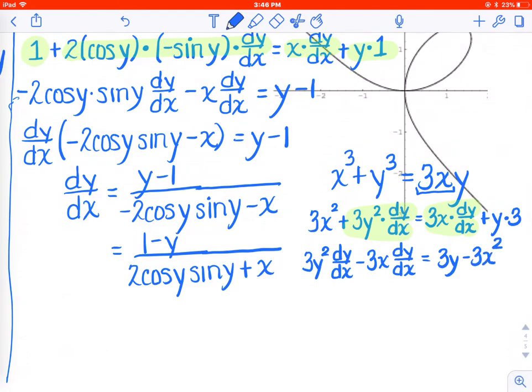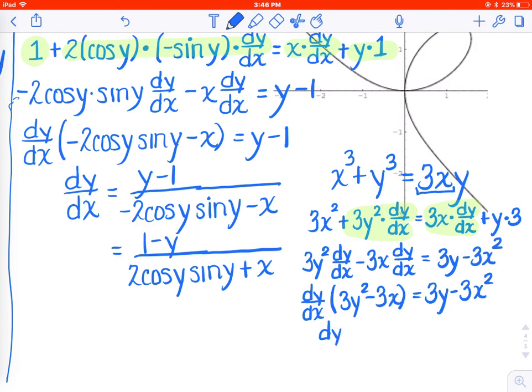Now as I go to solve, I'm going to factor that dy dx from the left-hand side. Again, no sloppy algebra and no shortcuts here. That's where we cause our own problems.